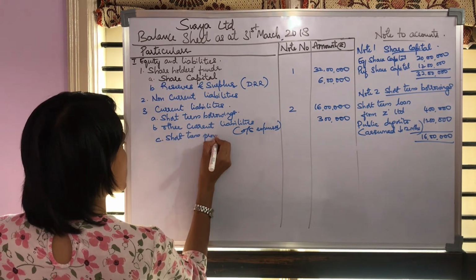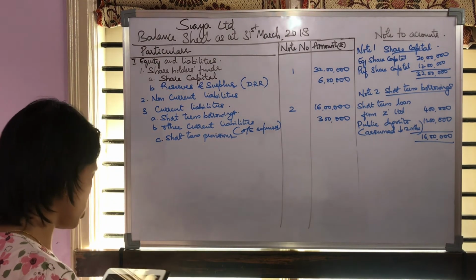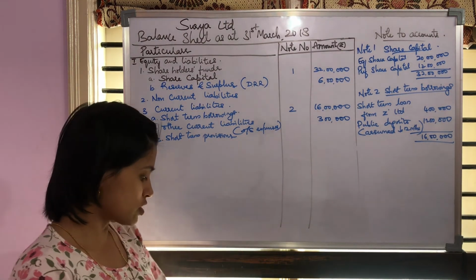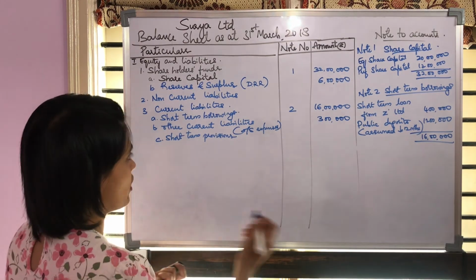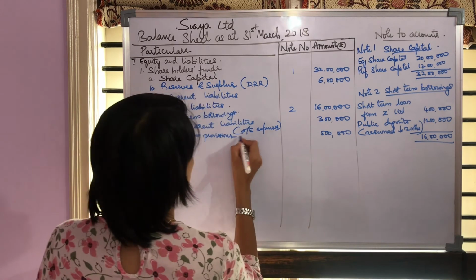The next item, short-term provisions. So under short-term provisions, students, we have proposed dividend. The proposed dividend amount is rupees 5 lakh. Again, we will avoid preparing note to accounts. You can show this in bracket.